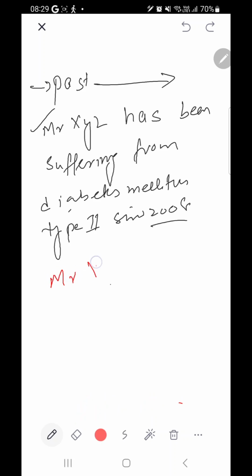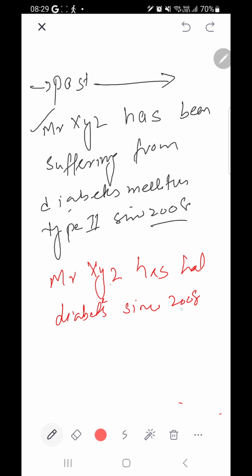Mr. XYZ has had diabetes since 2008. This is the same as the sentence you have written. Mr. XYZ has been suffering from diabetes, or Mr. XYZ has had diabetes since 2008. So it's the same as the sentence you have written.